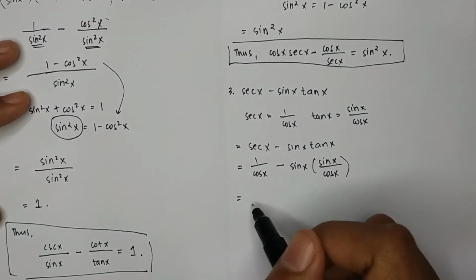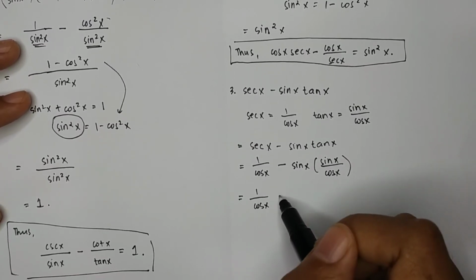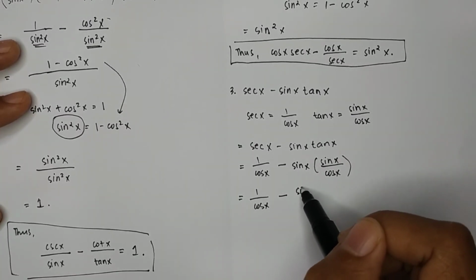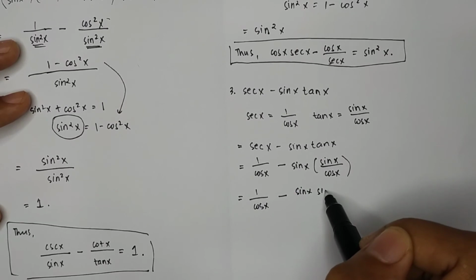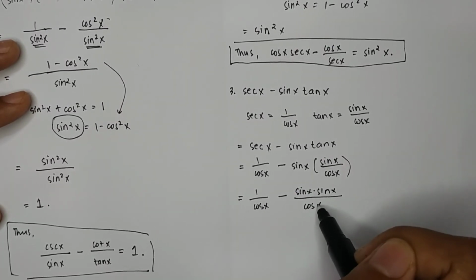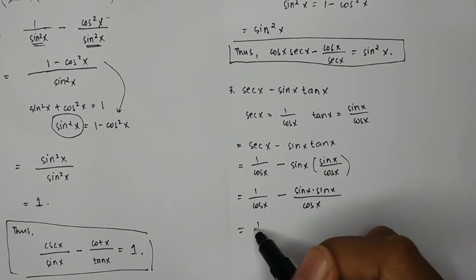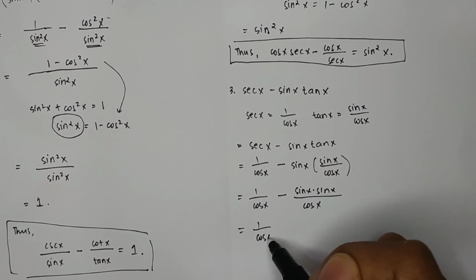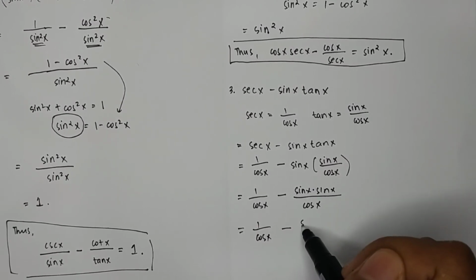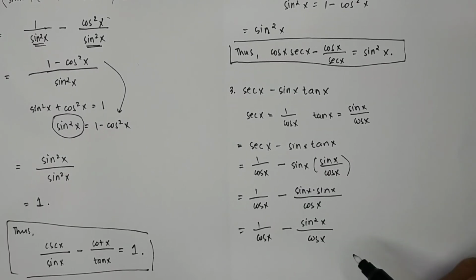Now we have 1 over cosine x minus sine times sine, that is sine x times sine x over cosine x, which is sine squared x over cosine x.